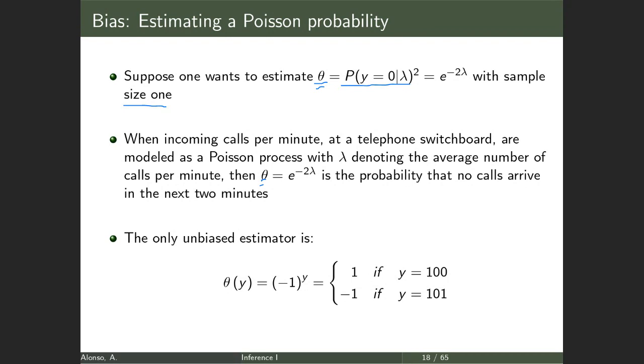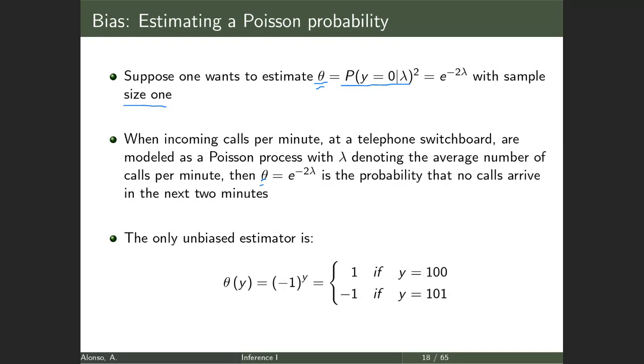So suppose that you're dealing with these problems, for instance, that nobody will try to enter the web page in the next 2 minutes. So suppose that you want to estimate that probability. What is the probability that in the next 2 minutes, I will get no calls? Nobody will try to hit the web page, right? And we have information about 1 minute. And in this minute, so many people call, or so many people try to open the web page.